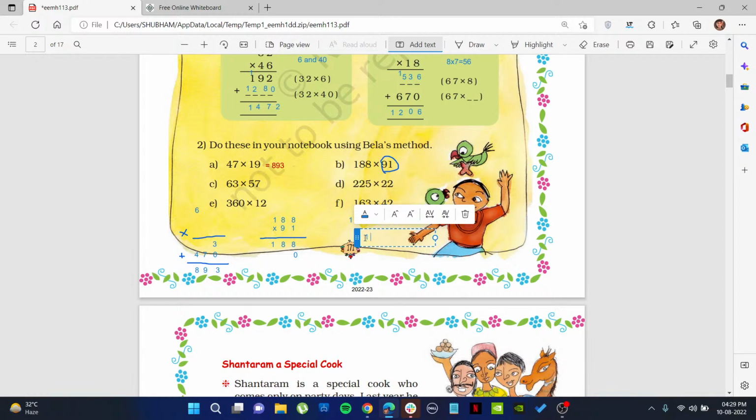By multiplying 188 times 9. And on multiplying 188 times 9, it would be 1692. So let's write it here.